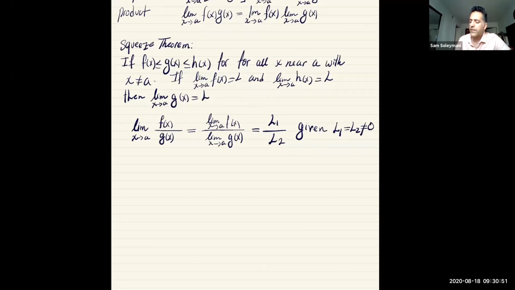Okay? Yeah. So given that L1 is not equal to 0 and L2 is not equal to 0, or L1 is not infinity and L2 is not infinity.